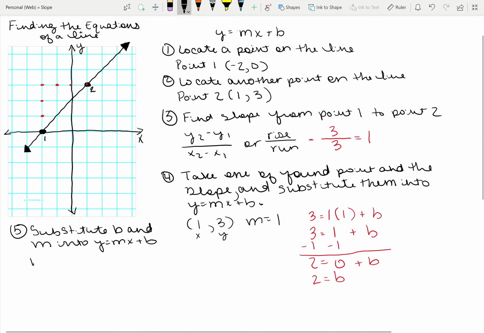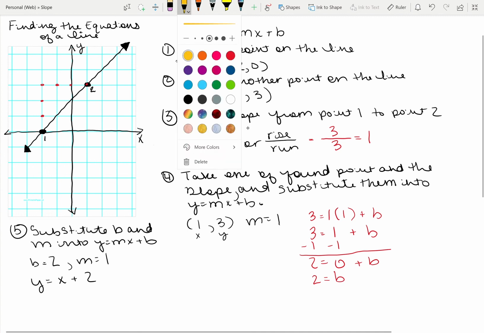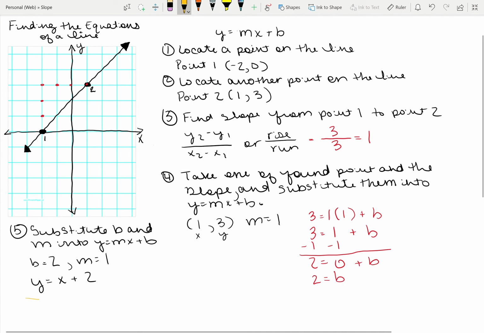So if b is equal to 2 and m is equal to 1, I have y is equal to 1 times x. So I'm going to put x plus 2. And therefore my equation of the line is y is equal to x plus 2.